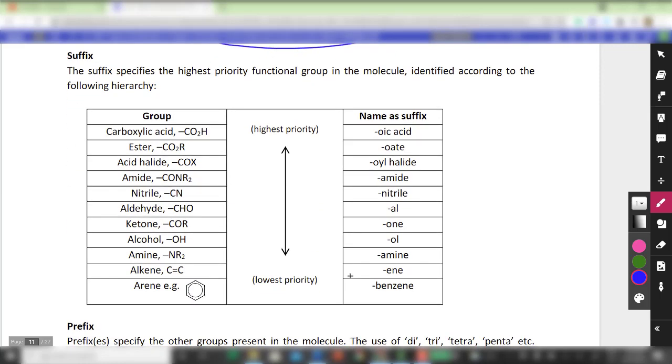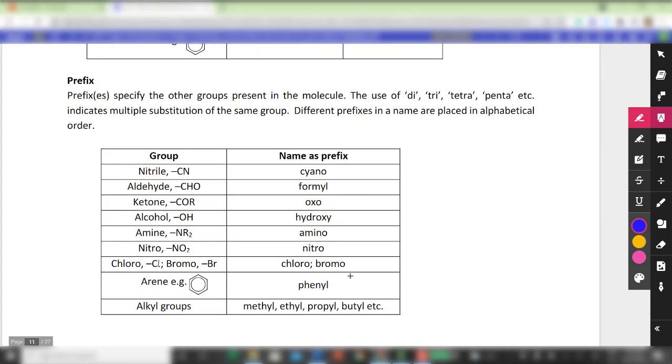This is what I mentioned earlier regarding the priority. Carboxylic acid actually has the highest priority. So that's why just now that molecule is known as blah blah butanoic acid rather than butanol. Alcohol has a lower priority than carboxylic acid. So it's not named as an alcohol, but as a carboxylic acid, for the earlier compound.